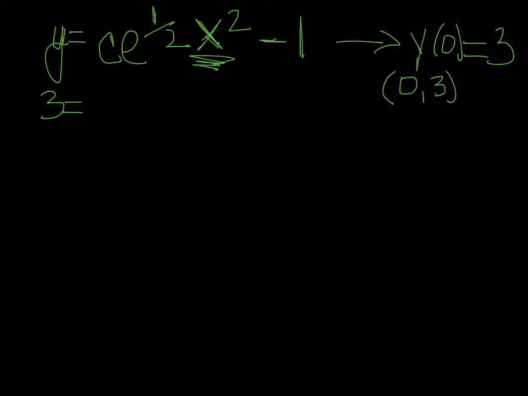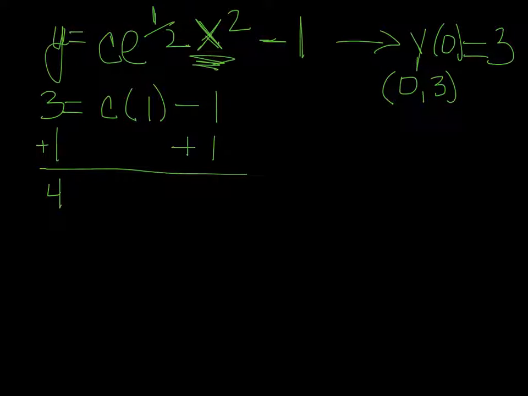So you basically have e to the 0. And anything to the 0 power, you should know, is 1. And that's where I was getting that on the answer key. So what I'm going to do now is I'm just going to add this 1 over here to the other side. And that's going to give me 4 equals c. And there's my c value.